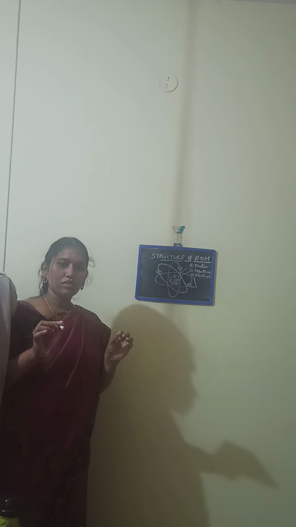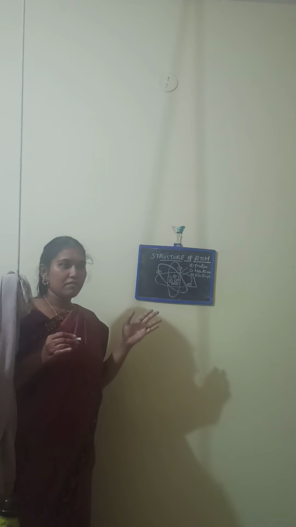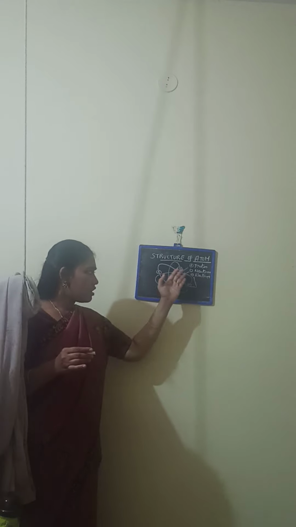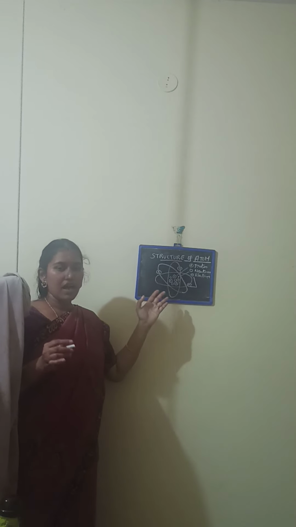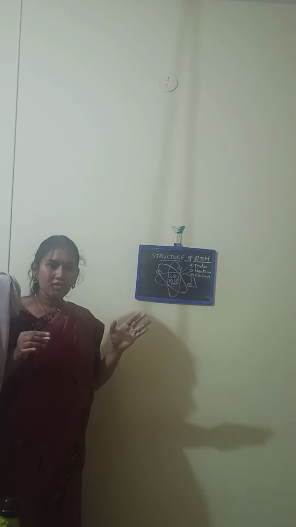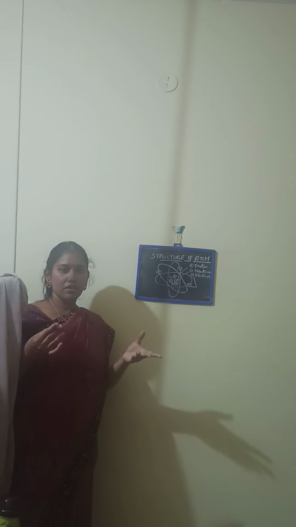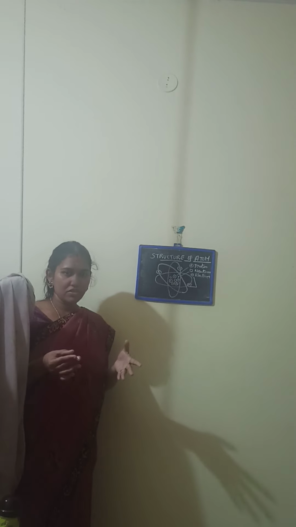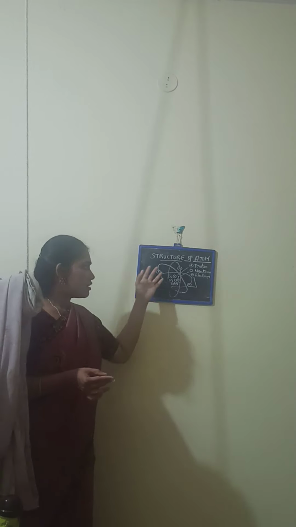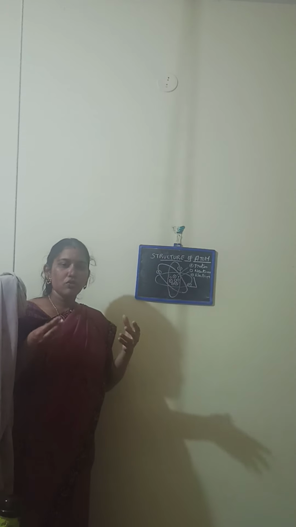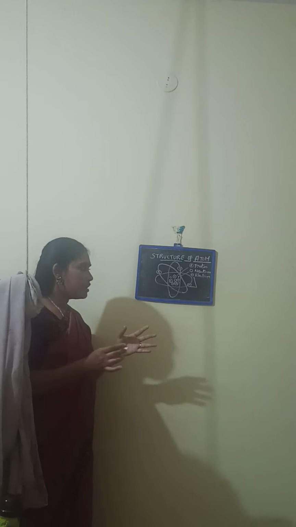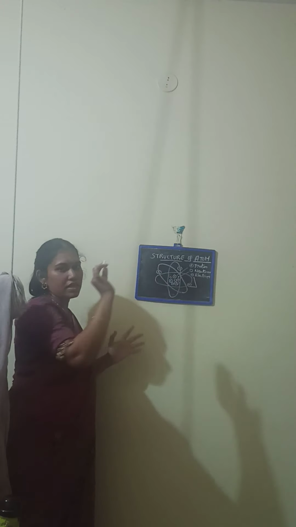The Rutherford method also has some drawbacks. What's the drawback? He said the electrons in the outer regions are unstable. If we accelerate the electrons under some radiating energy, the electrons lose energy and finally collapse into the nucleus.